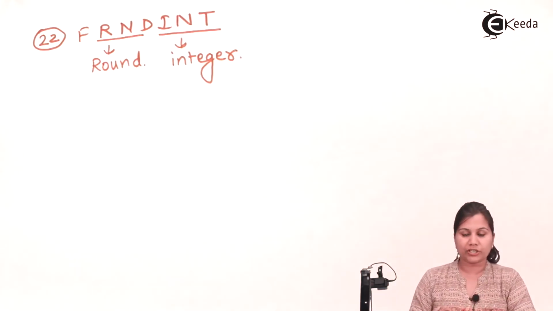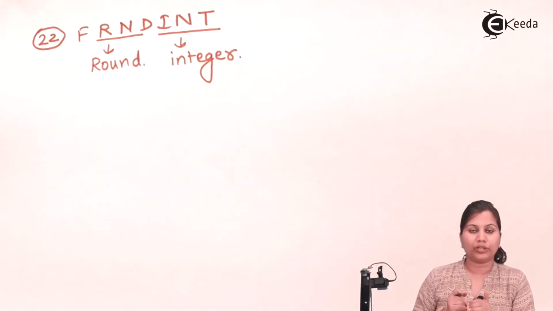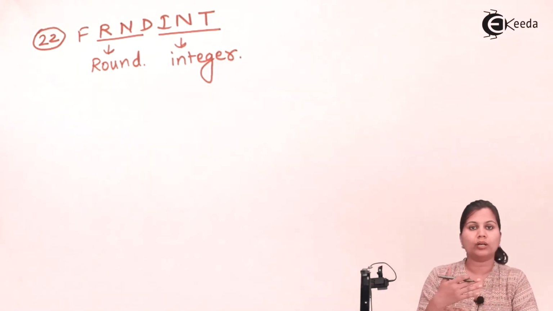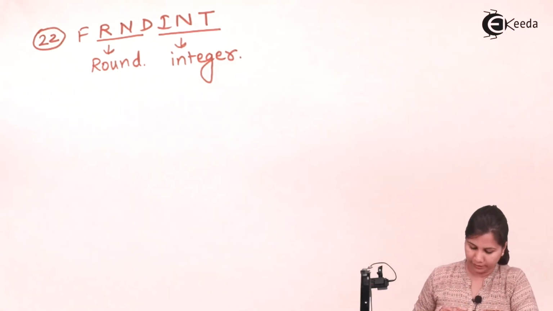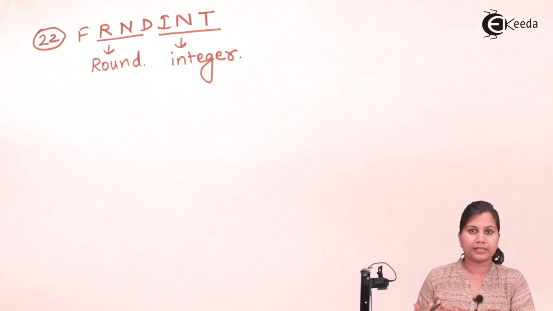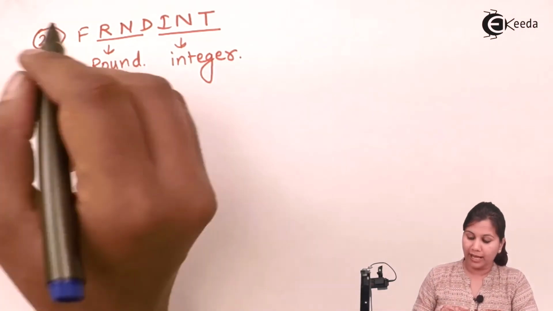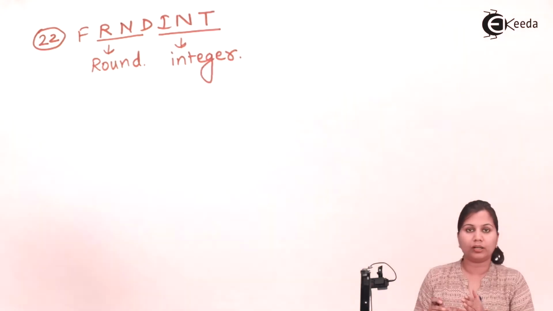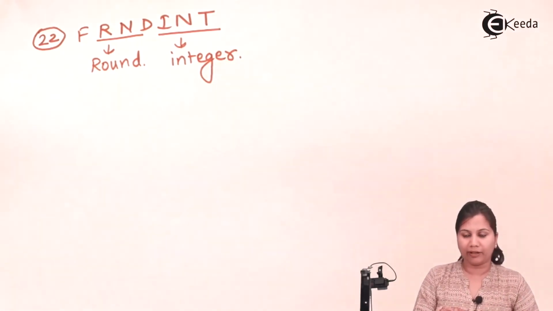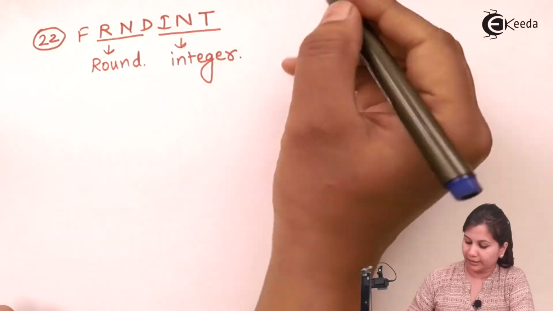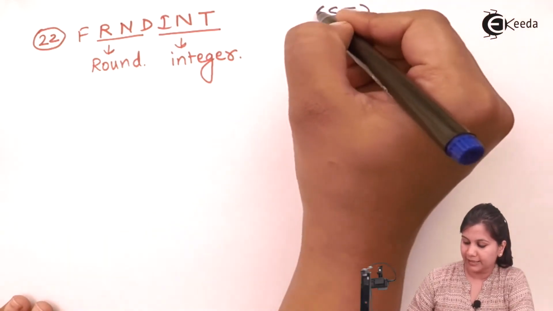So what does this instruction do? It is going to round off the number which is there in ST to an integer value. So the rounding operation is performed by this instruction and the number is rounded to a nearby integer value. And the number is at the top of the stack, that is in ST.